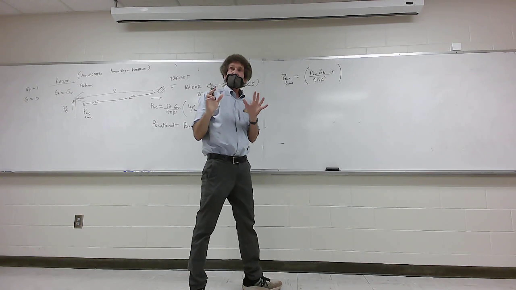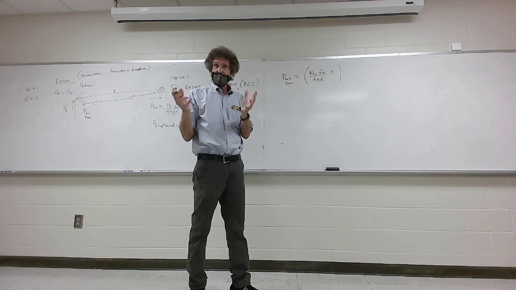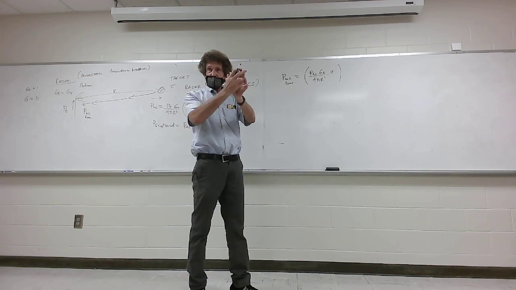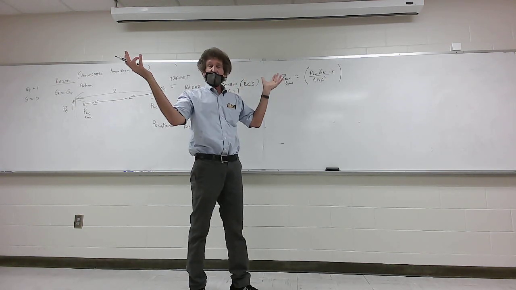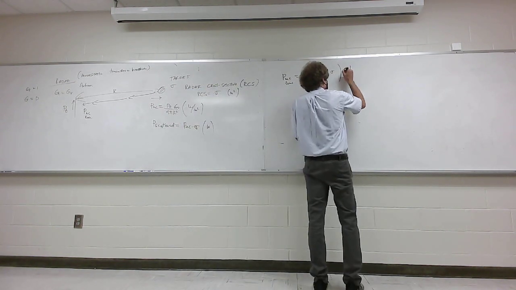You see that's the actual power density it's going to be scattered. You with me on the total power scattered, correct class? Power density times sigma, that's the total amount of power in watts that's going to be re-radiated.